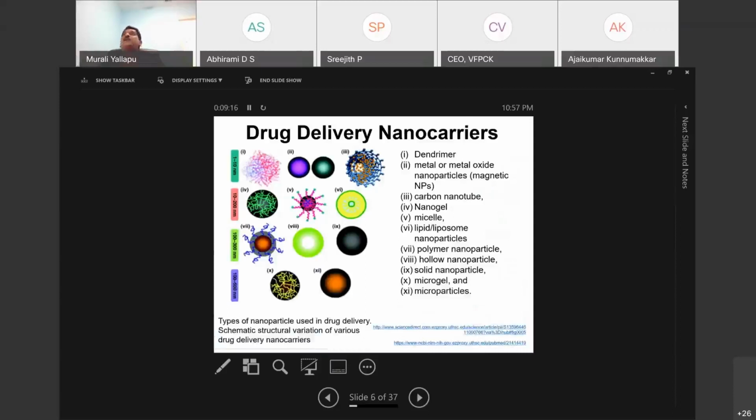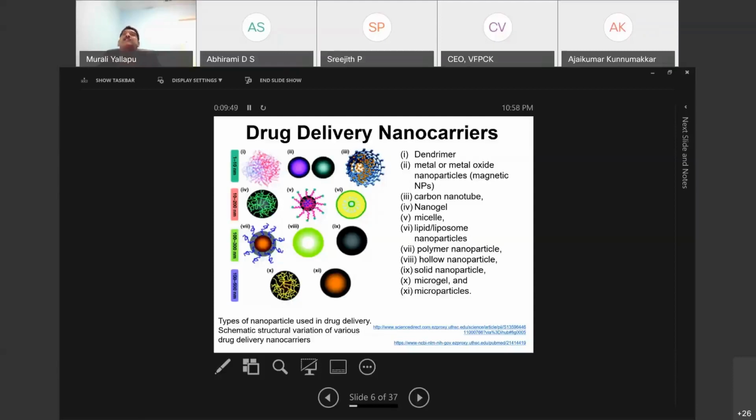And here I listed some of the commonly used drug delivery nanocarriers, and some of them act themselves as imaging agents. It could be for MRI, or for enhancing the contrast for a CT, or maybe it could be good for topical delivery, or it may be better for intravenous or ocular delivery, and you name it.